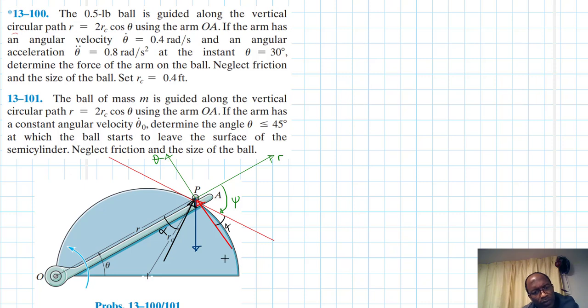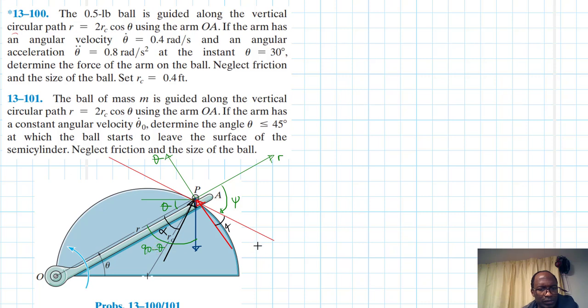For this one, here we have theta. If this is theta, we expect this to be 90 minus theta.